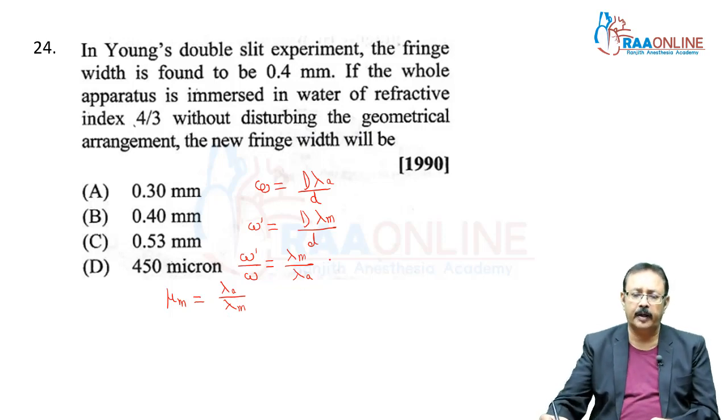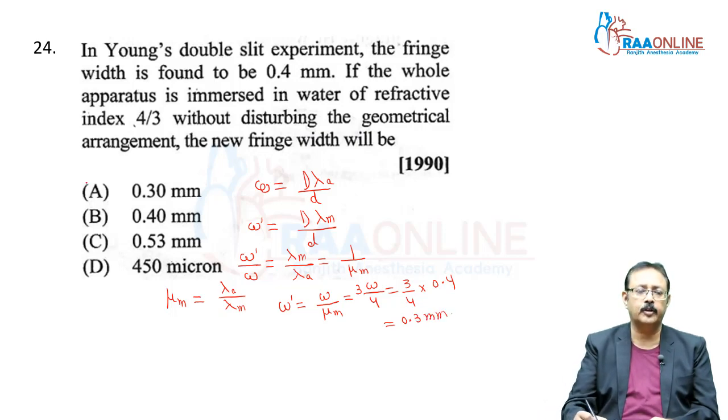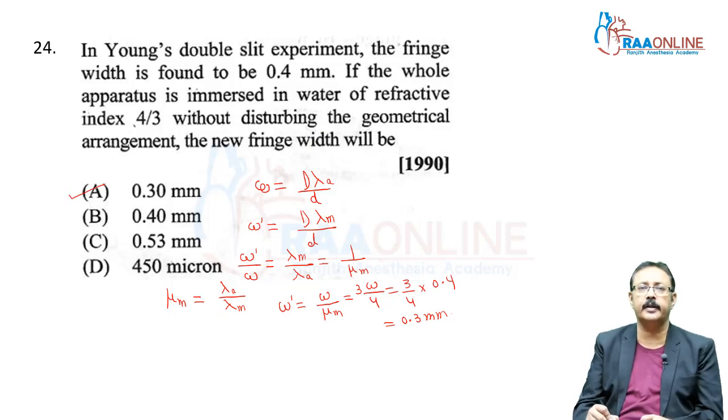So lambda m upon lambda a is equal to 1 upon the refractive index of the medium. So what we are getting, W dash is equal to W upon mu m. In this problem, the refractive index was 4/3. So we will get the new fringe width 3/4 of the old. Old was 0.4 mm. So new should be 0.3 mm. So we are going with option A.